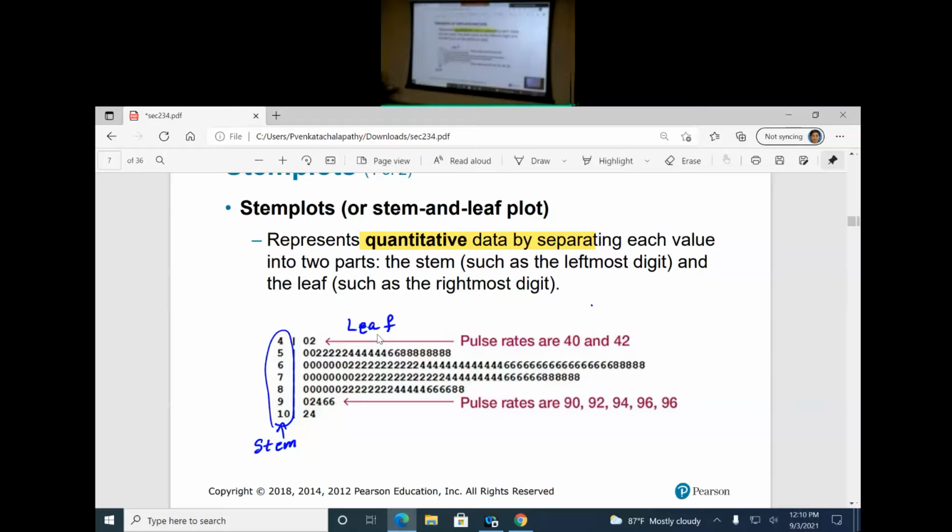Leaf. Next number. Exactly. And 8. Right? So it goes on like this. You have to write the next value on the next line if you have different digits. So this is how you create a stem and leaf.